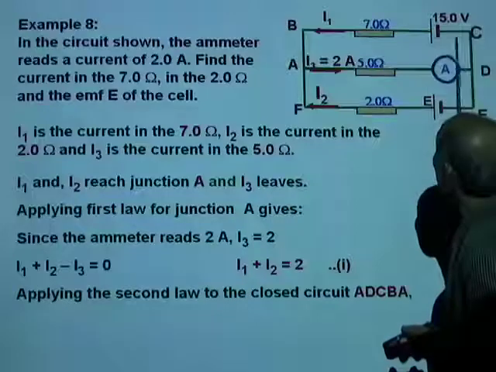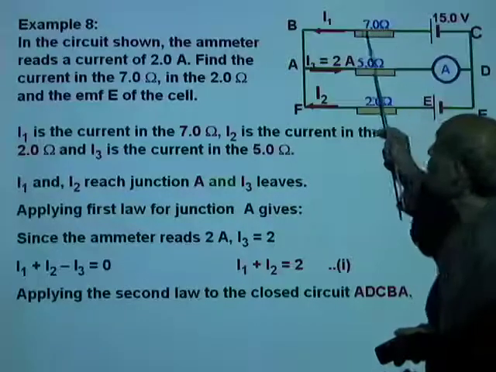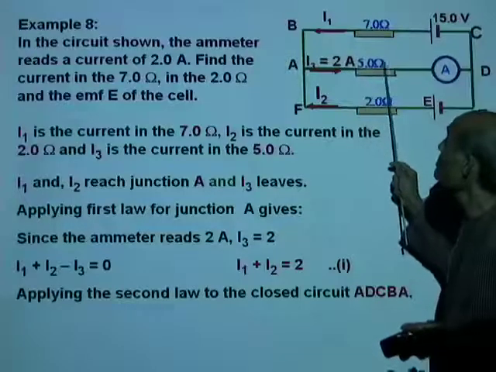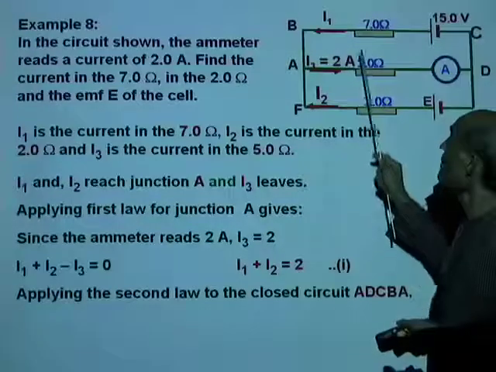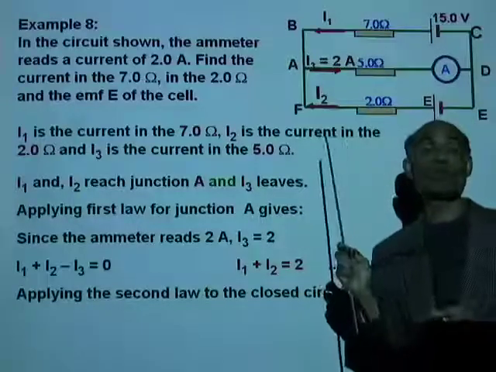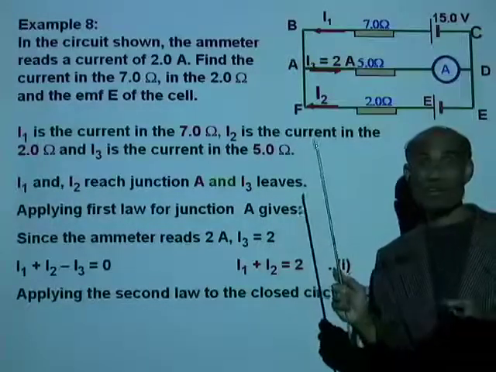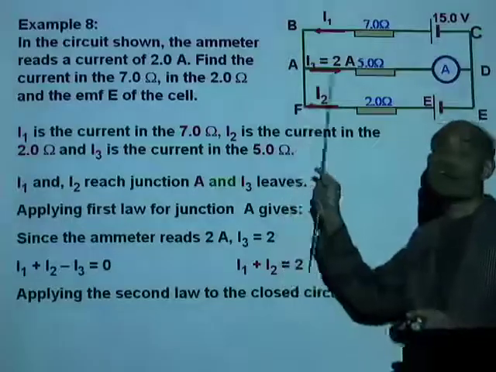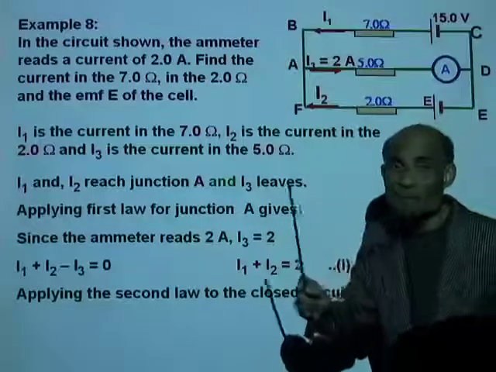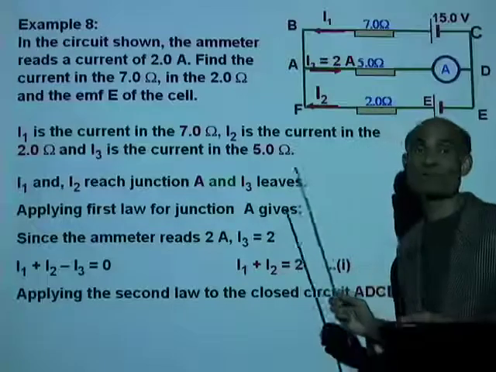The direction of the loop and the direction of I1 are also the same. That means the potential drop across the 5 ohm and the potential drop across the 7 ohm are both positive, because the direction of current in those resistors is the same as the direction of tracing of the loop.